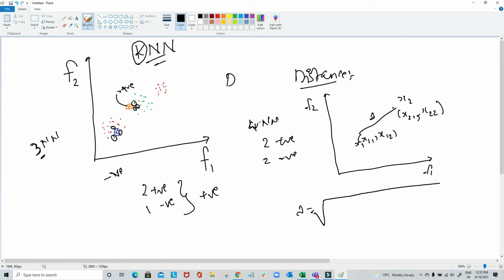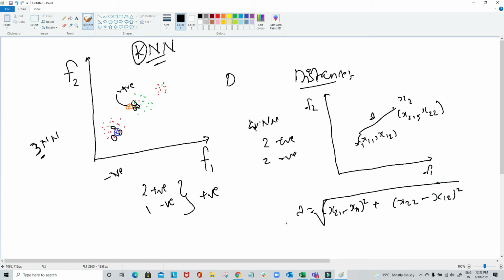It is the square root of x21 minus x11 whole square plus x22 minus x12 whole square.